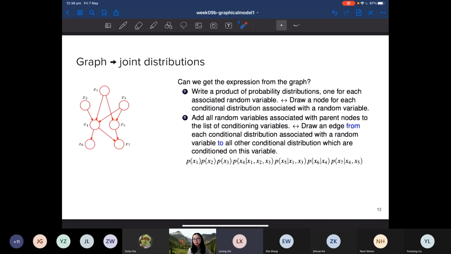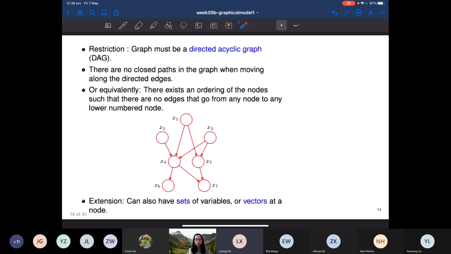Then we're done, right? So this is a mechanical exercise. And when you're performing inference, you need this expression, and when you're examining a graph and talking about it with your friend, you need the graph, right?